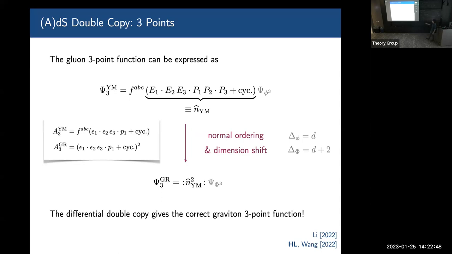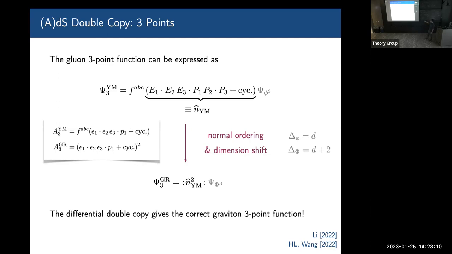And what is the statement of the double copy in this case? Well, we want to strip off this color factor as before, take this kinematic part of the representation, and then square this. After squaring, we also normal order the operators and act on another seed function.